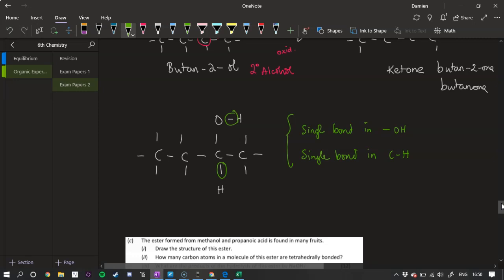So the single bond in the CH that is attached to the carbon that is attached to the OH group, which there's a lot in that, okay? So it might be easier just drawing the structure.